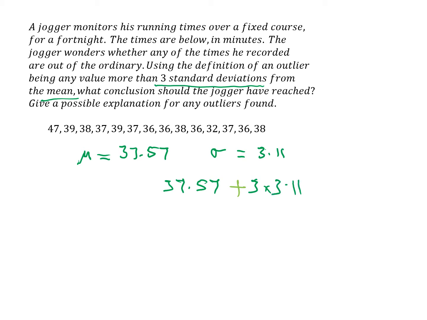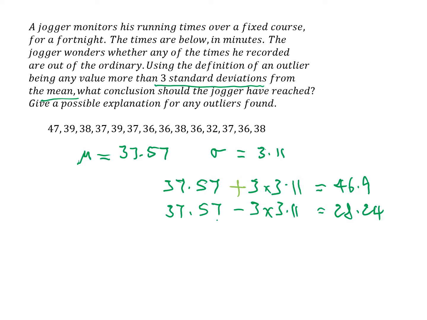And that is 46.9 roughly, and the smallest value would be 37.57 minus 3 times 3.11, which is 28.24.